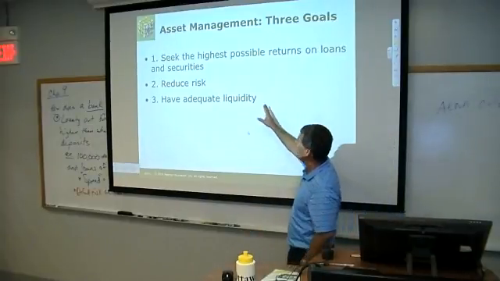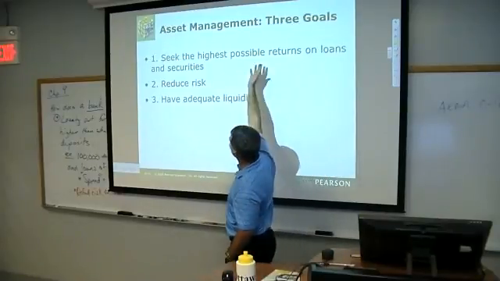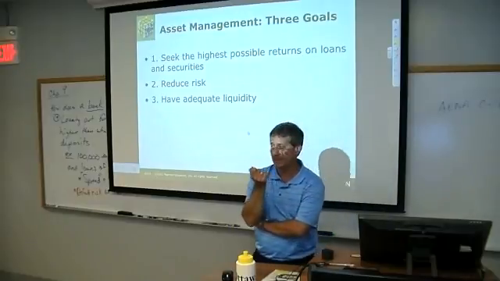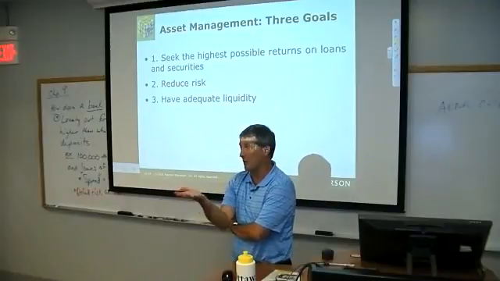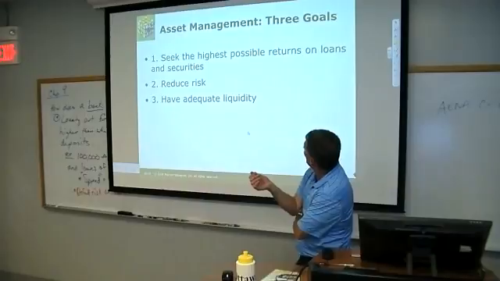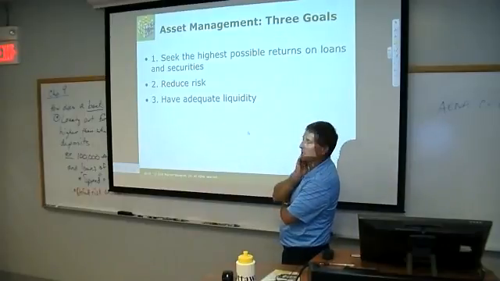Have adequate liquidity. Why is that maybe contradictory to some of this? What does it mean to have adequate liquidity? Money on hand, potentially, right? That'd be the most liquid thing if we have lots of cash on hand. And why is that contradictory to number 1 or number 2?